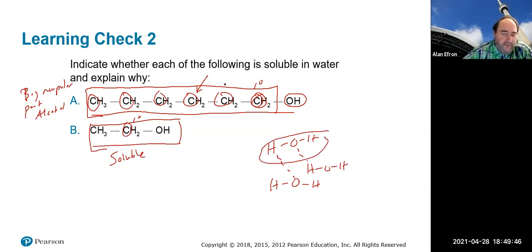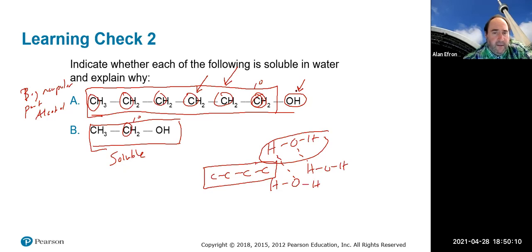So if you try to replace that with something that has a big old carbon hydrogen part to it, there's just no room for it. It's kind of like when we talked about oil and water. It's basically all carbons, and there's no real good room for it to fit with all the other water molecules. There's not a lot of interaction happening because of that big guy. And again, it really does decrease the solubility a lot. Any questions on that there? Our alcohols.